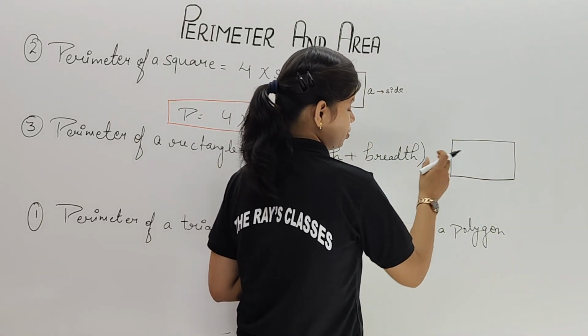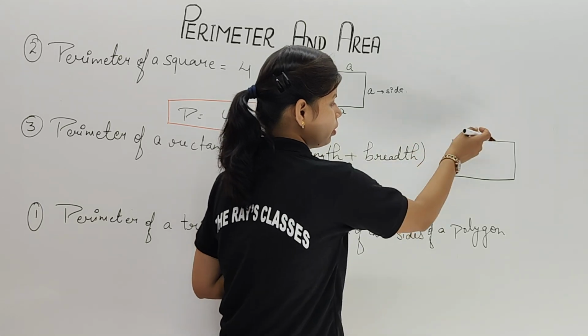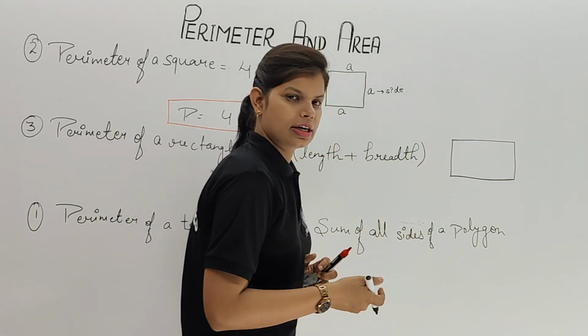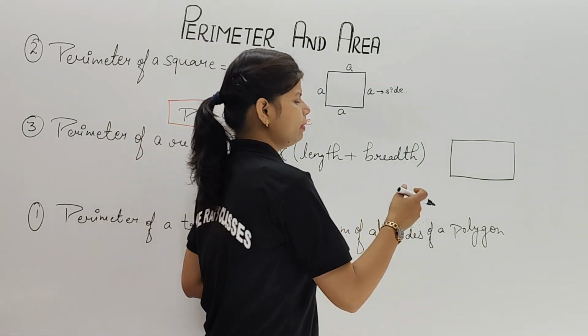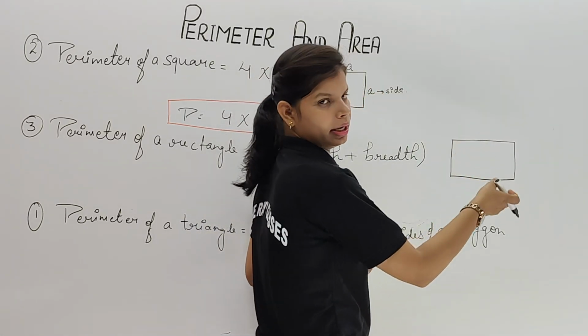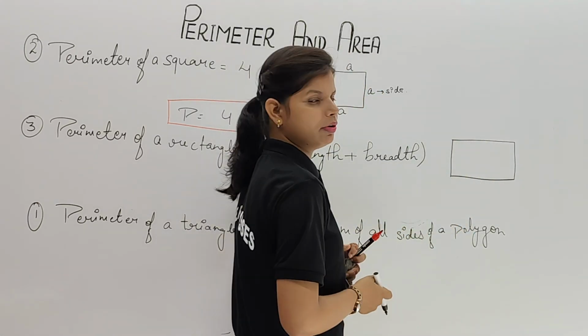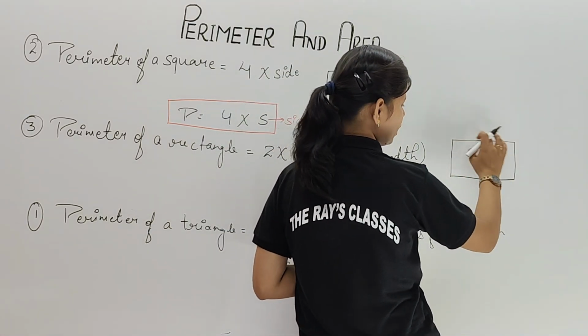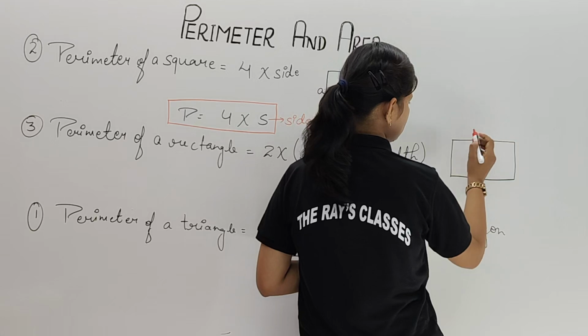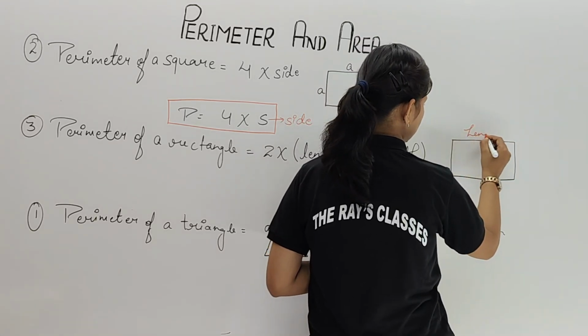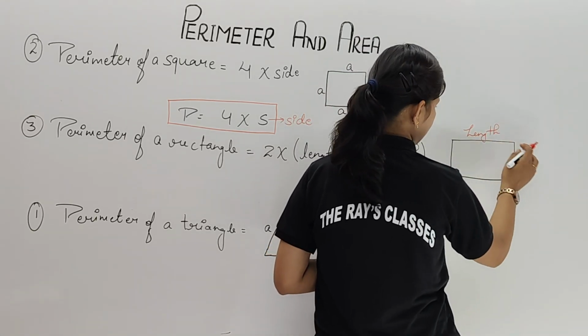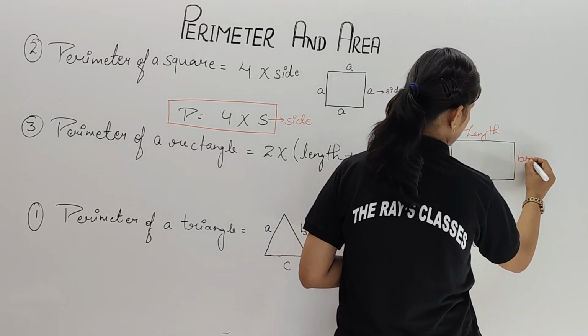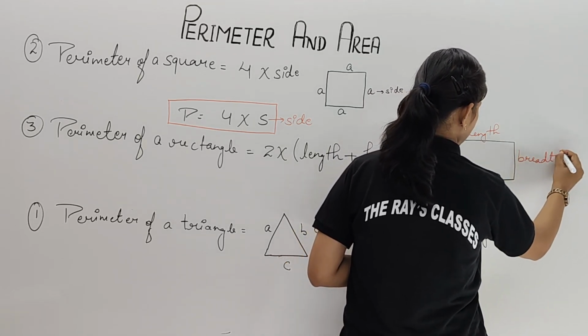Here, children, most of the time you are confused about which one to consider length and which one to consider breadth. Length means in Hindi lambai, and breadth means in Hindi chaudai. Chaudai means the thickness of this one. That means the length of this figure is this big side, and this side will be your breadth.